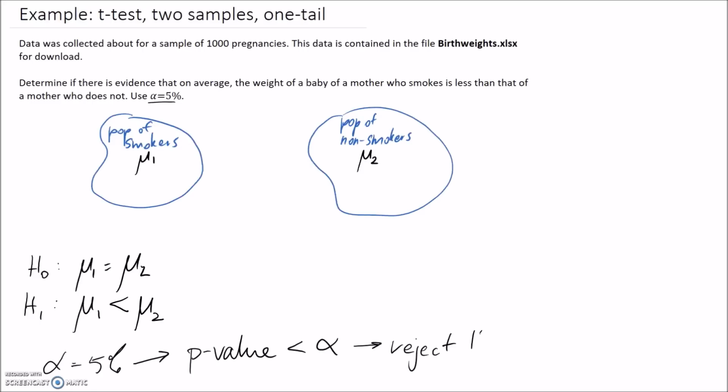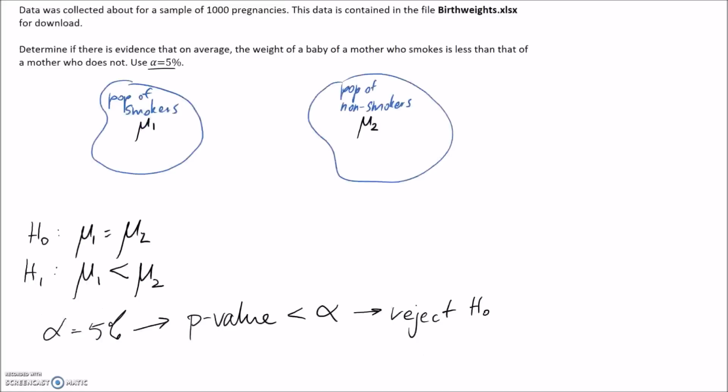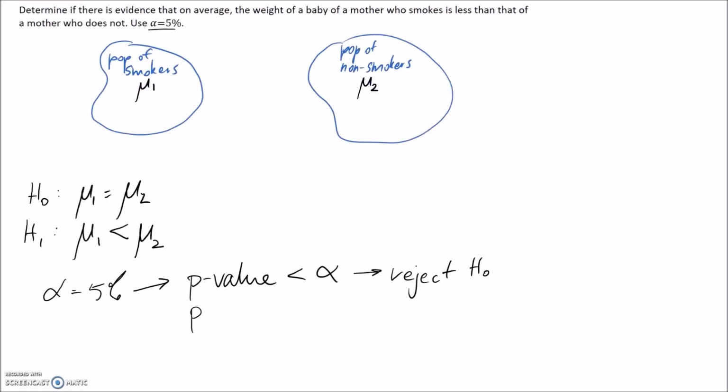And instead we would conclude that yes, one is less than the other here. The opposite case is if the p-value ends up being greater than our alpha, then we don't have enough evidence. So we're going to accept H0 then and say, yep, they really are just statistically equal.